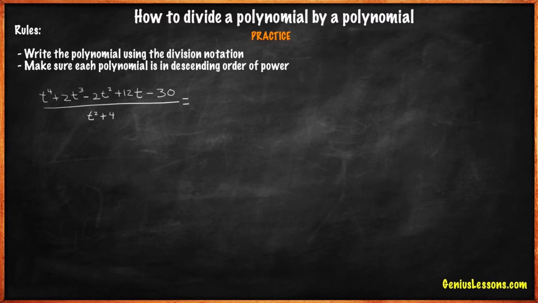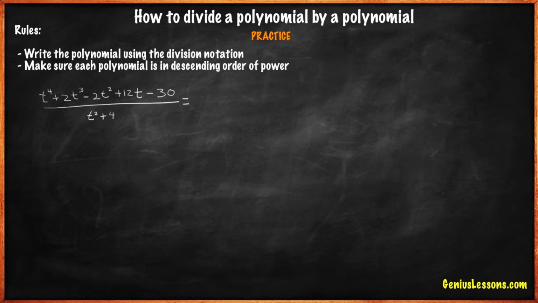Let's try another one. t to the fourth power plus 2t cubed minus 2t to the second power plus 12t minus 30 divided by t squared plus 4. Let's write the polynomial using the division notation.